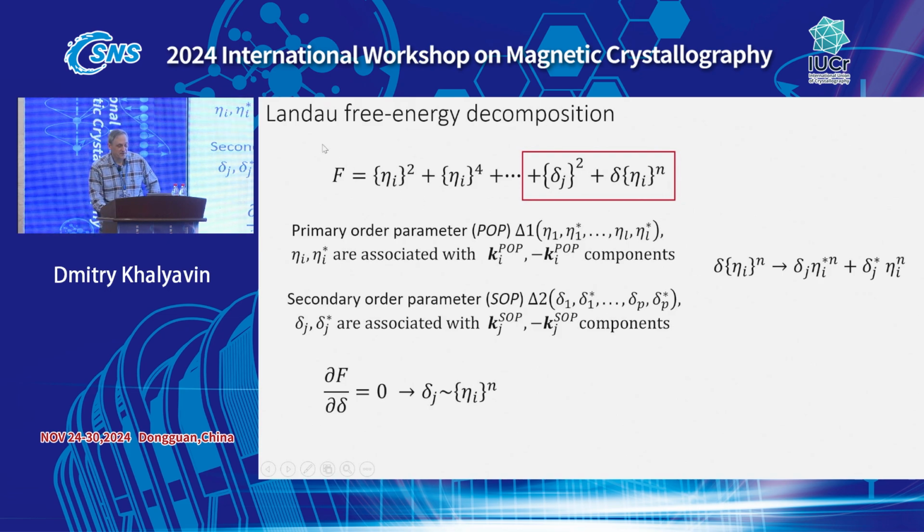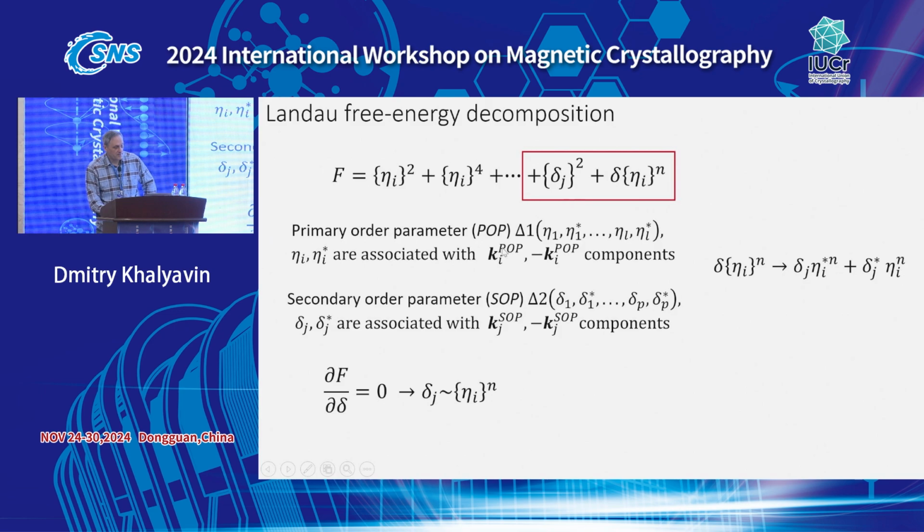But the decomposition can also contain coupling terms. That's where the coupling starts to be a player. We can include free energy invariants which combine components of secondary and primary order parameters. These coupling terms also must be invariant with respect to all symmetry operations of our group.